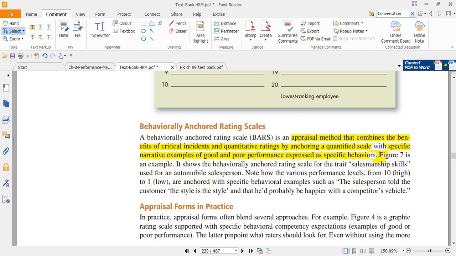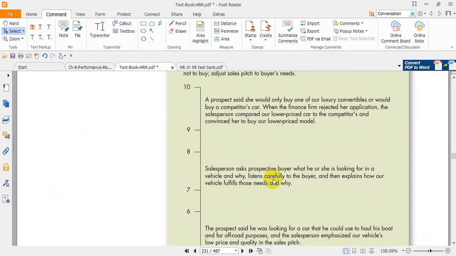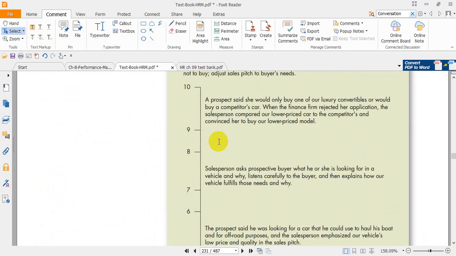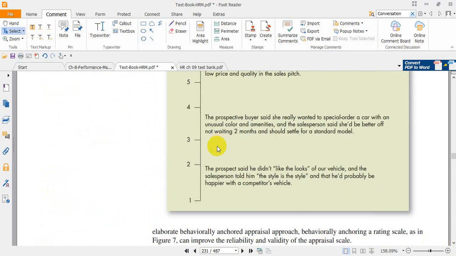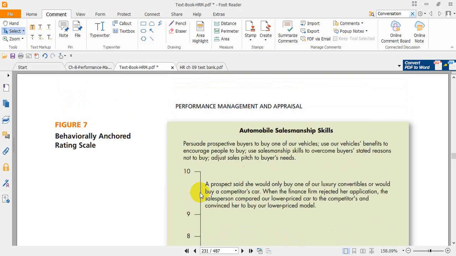Let's go to figure number 7 below and see the example. Here 10 is the highest and 1 is the lowest to measure a trait of salesmanship skills.